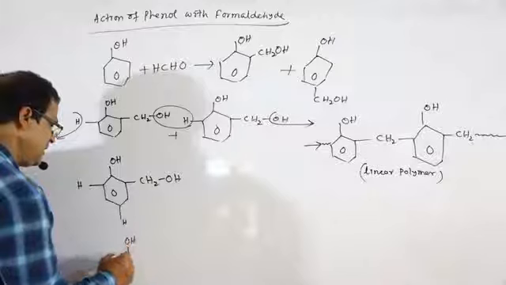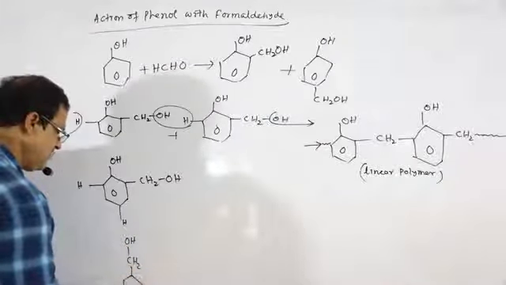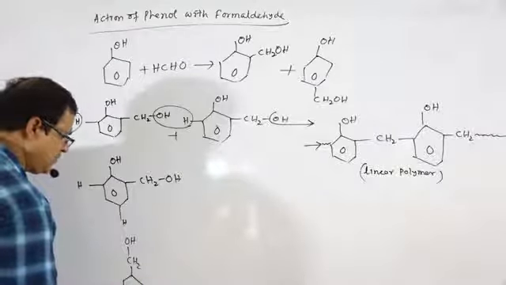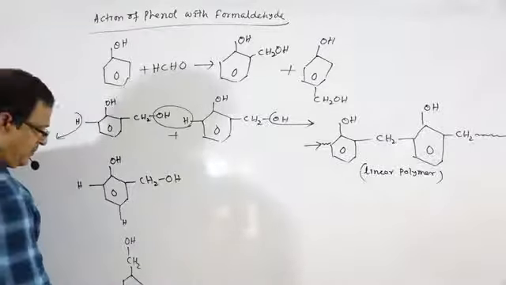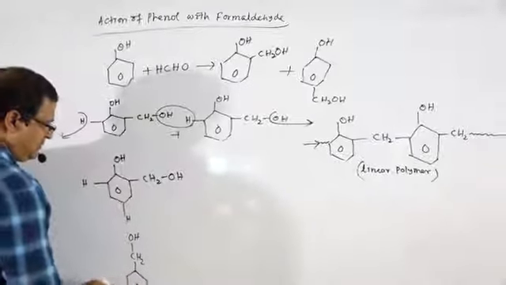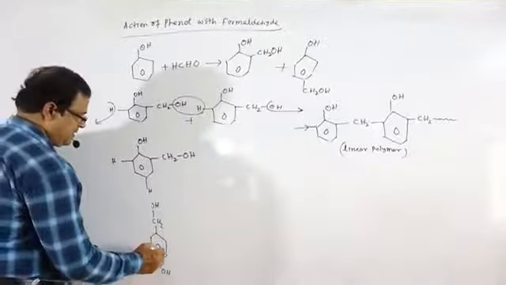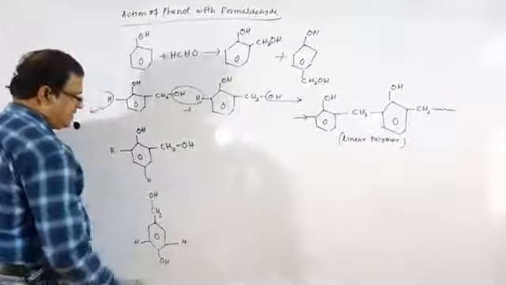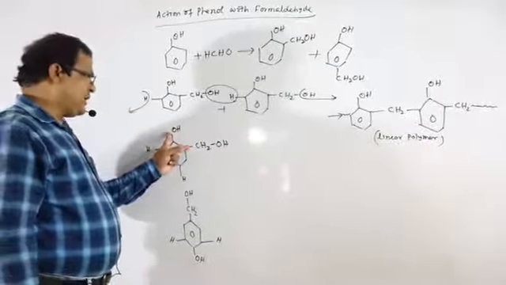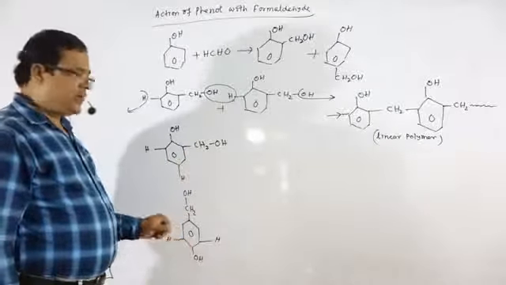So next, this is your ortho product, with OH and CH2OH. And this is your para product, again containing H on this side. So this has OH and CH2OH at the ortho position, and OH and CH2OH at the para position.